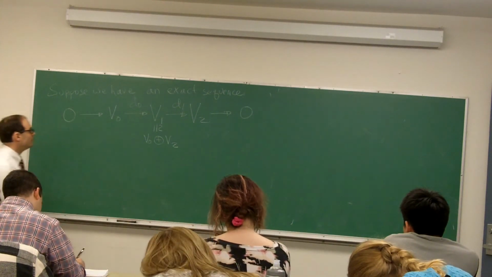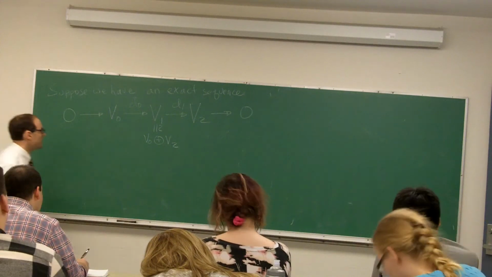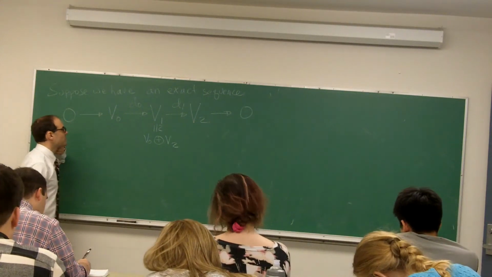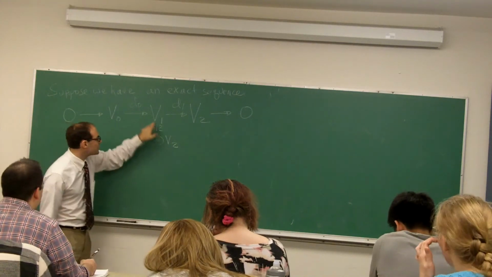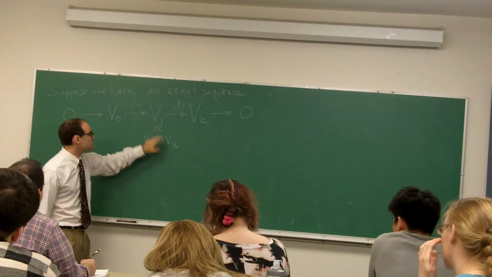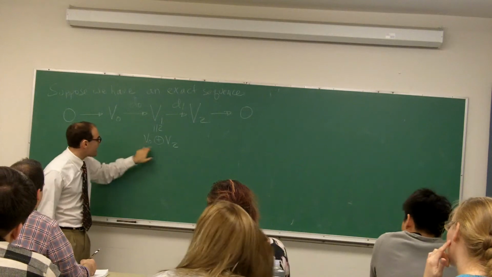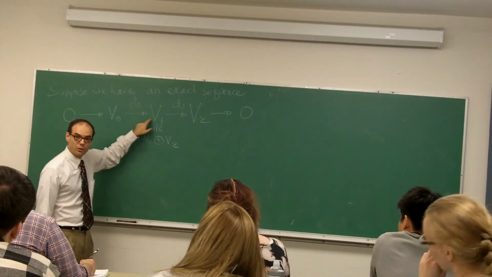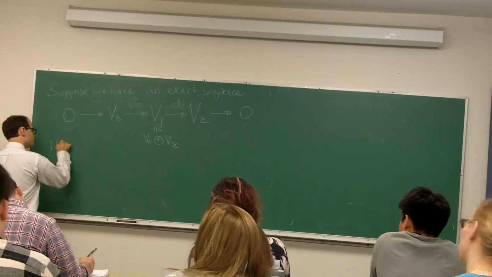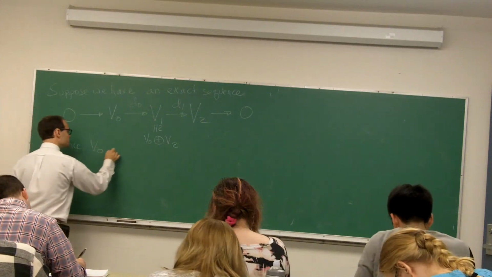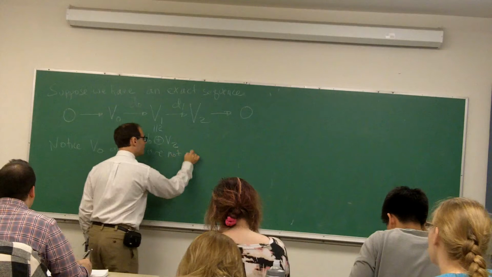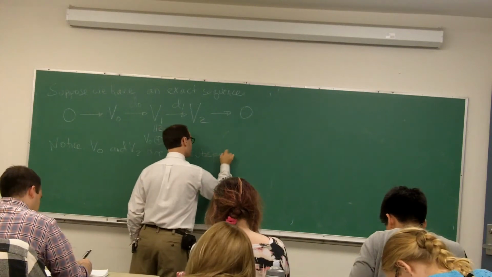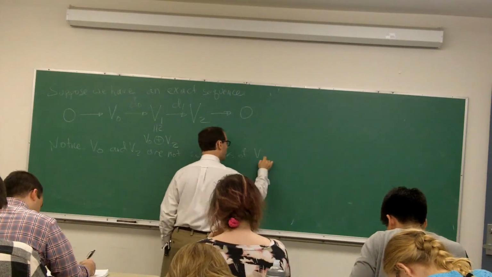Now, if we're in this particular special case where we've got this short exact sequence working for us, I can think of V0 as being a subspace of V1, V2 as being a subspace of V1. But of course, neither of these are subspaces of V1. So notice, these are not subspaces of V1.